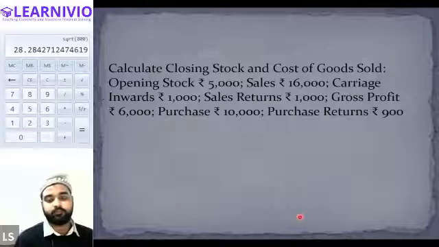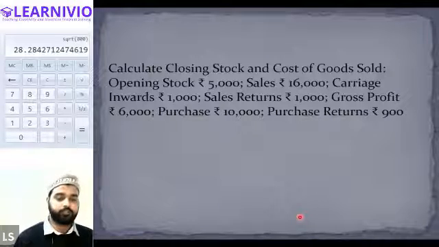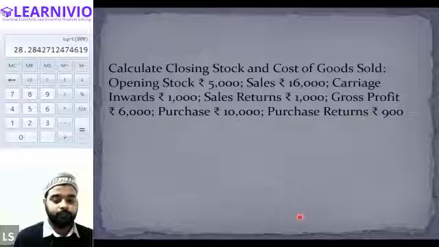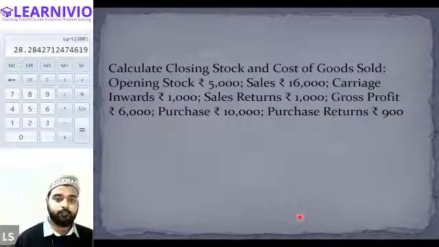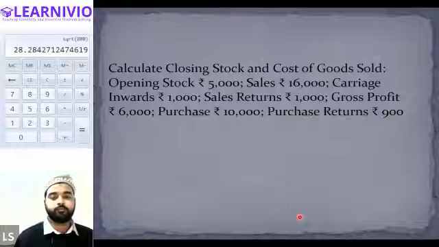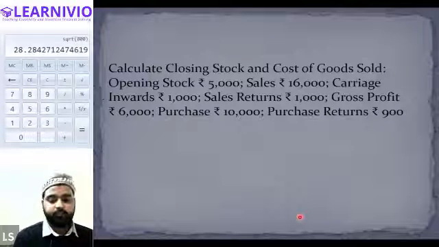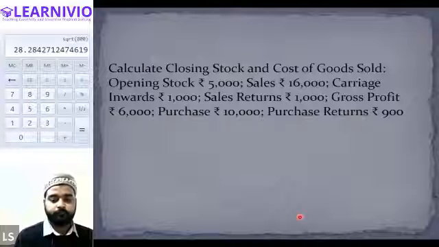Yes, that's right. Cost of goods sold is 9,000. That is correct. And sir, closing stock will be 6,100. Perfect. Very good. Nice. Halima, done? Yes, sir. Closing stock I got 6,100.